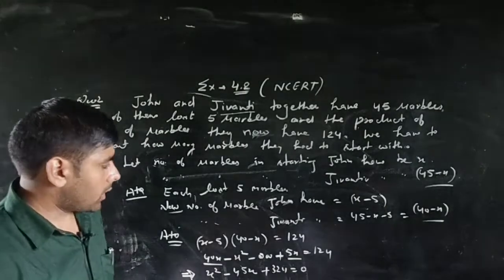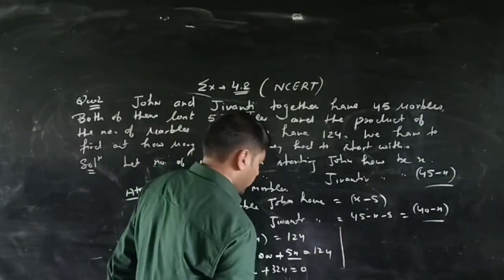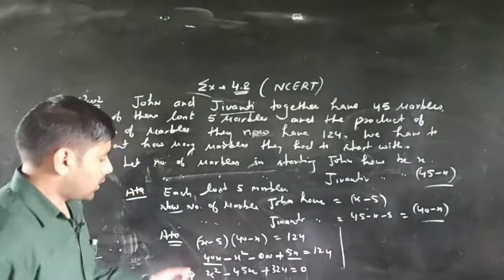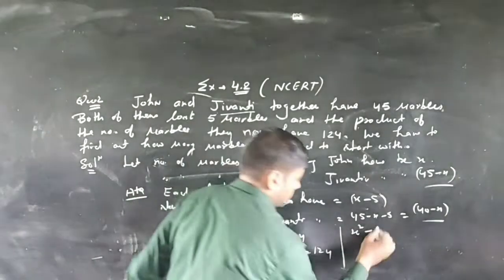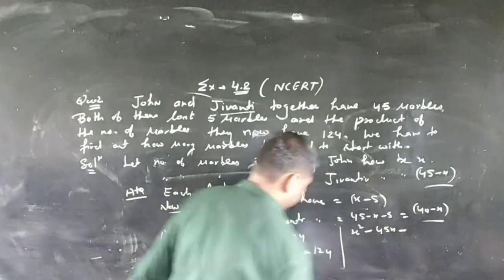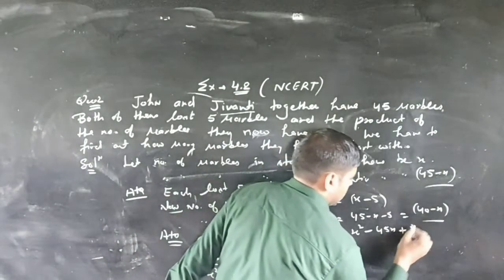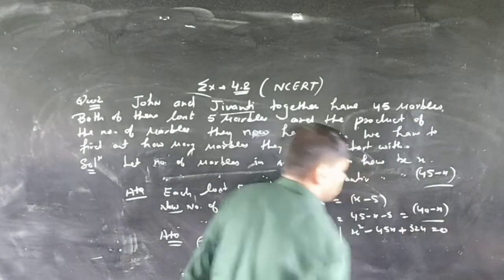Now this is the quadratic equation. We have to factorize it to solve the quadratic equation. This is x square minus 45x plus 324 equal to 0.